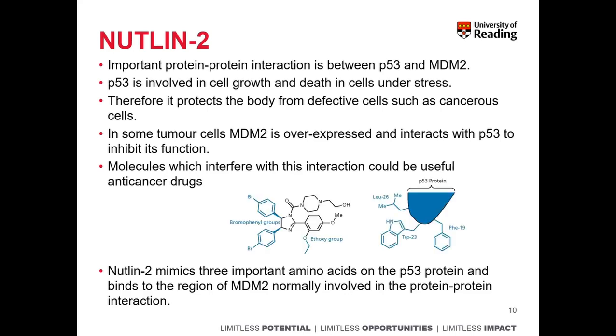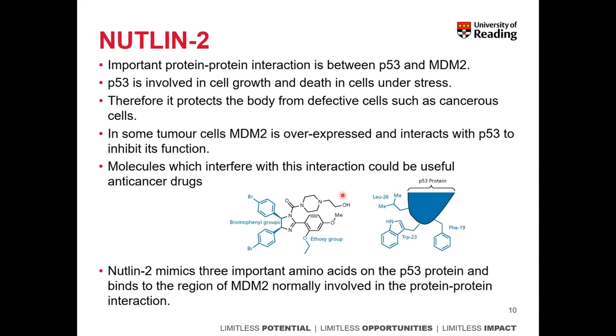Now, the compound nutlin-2, which you can see here, mimics three important amino acids on the p53 protein. So it mimics these three amino acids here. Now, nutlin-2 is able to bind to the region of MDM2 that is normally involved in the interaction between MDM2 and p53.